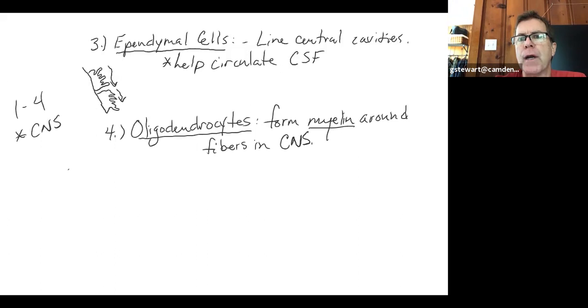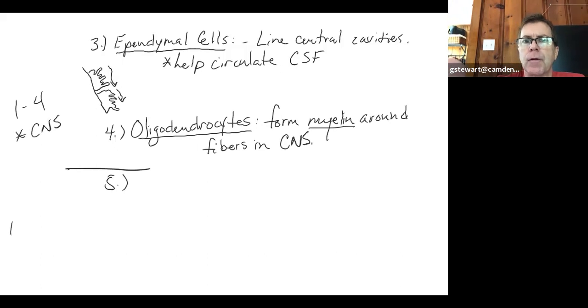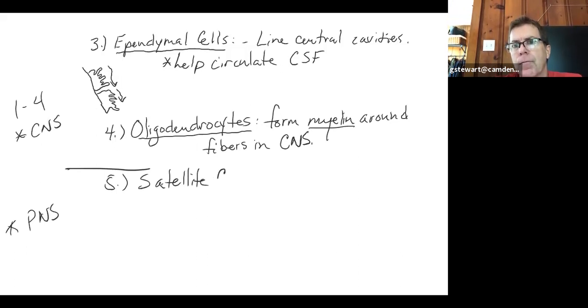Now I'm going to put a little break here and just write number 5. 5 and 6 are going to be in the peripheral nervous system. Number 5, satellite cells. Now we're out in the periphery, away from the brain and spinal cord. These sort of behave like astrocytes in the central nervous system.